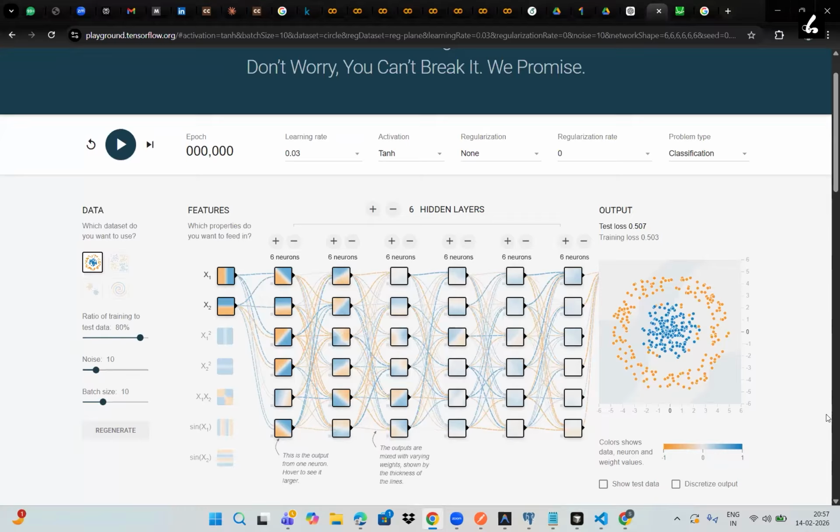If I overfit it and the model gets trained, the training loss and test loss would be very low, because it has overlearned that pattern.